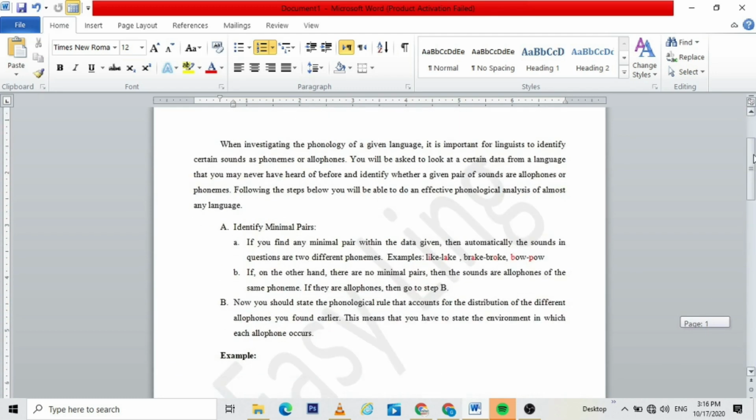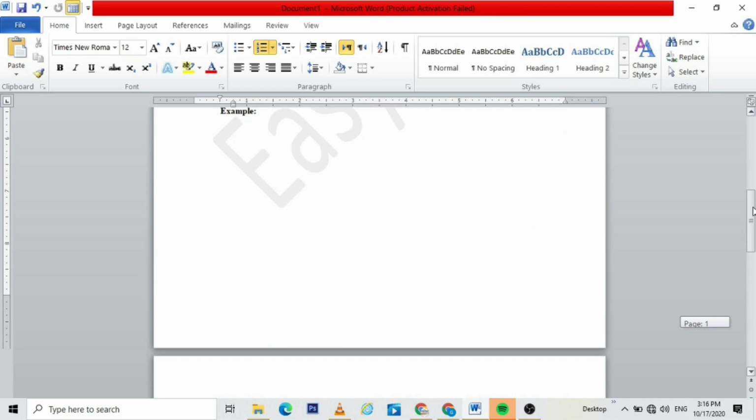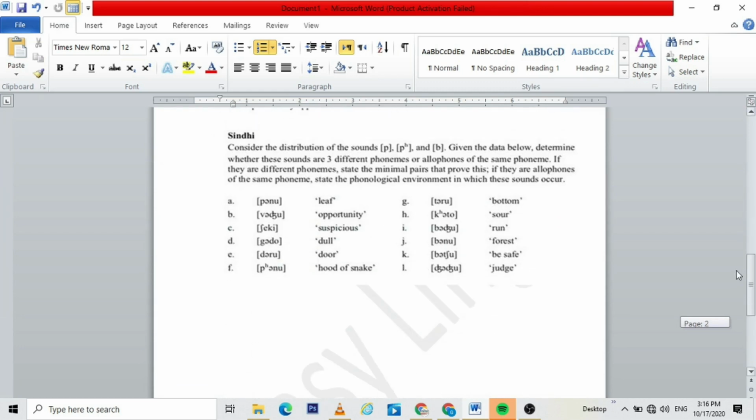If we find minimal pairs, that would be it. It means that these sounds are three different phonemes. If, on the other hand, there are no minimal pairs within this data, then it means that these sounds are allophones of the same phoneme. This means that we have to look for the rule that accounts for their distribution.